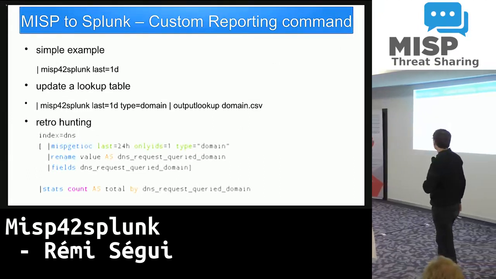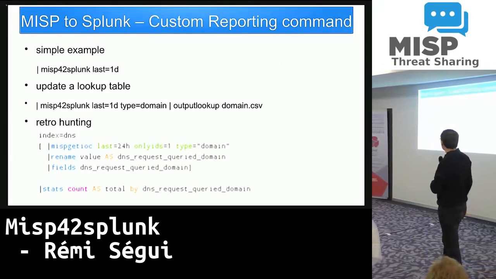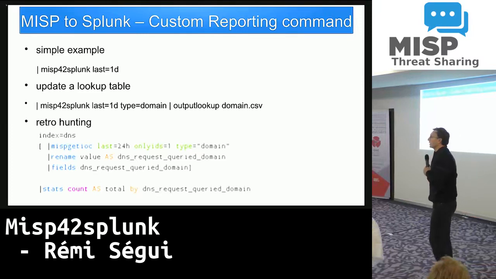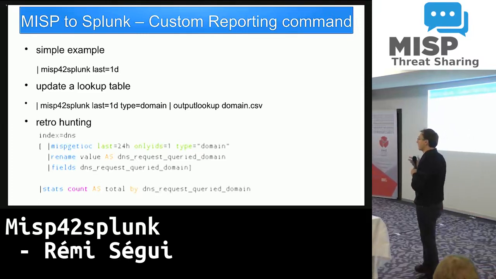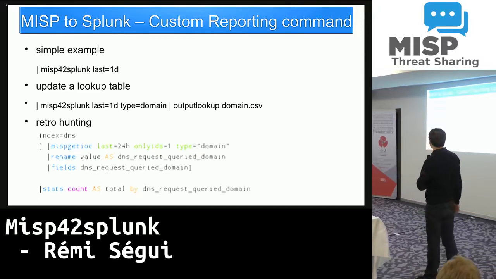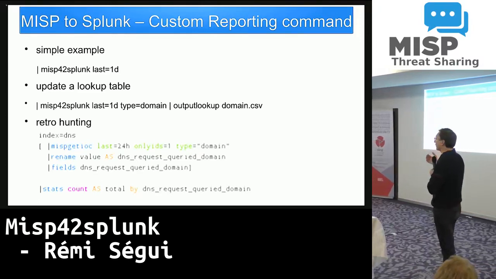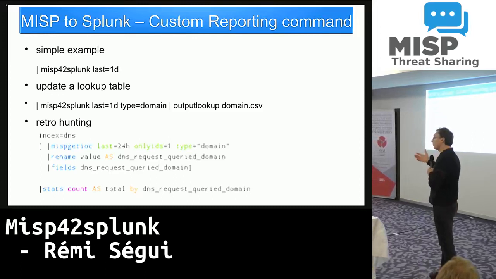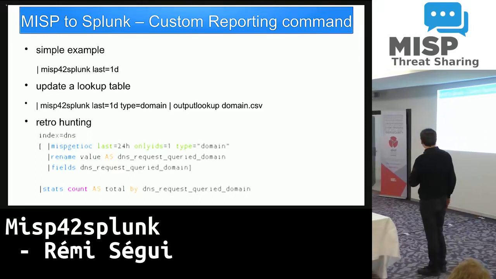Some examples. The basic one is to search for the attributes which have been published in the last one day. The second is a typical use: you search for those attributes and you store them into a lookup in Splunk, so you can use the lookup afterwards for searching.